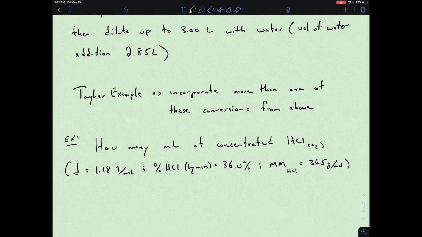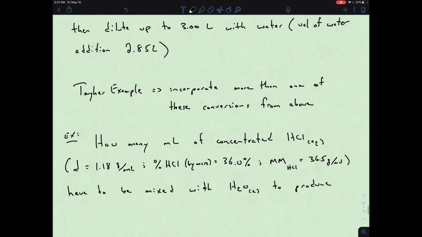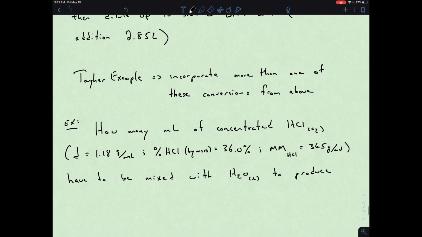So how many milliliters of concentrated HCl have to be mixed with water to produce 250 milliliters of 2.00 molar HCl. It's aqueous.